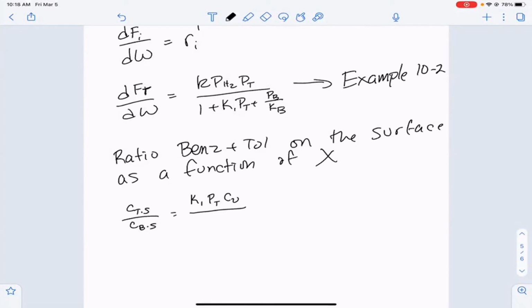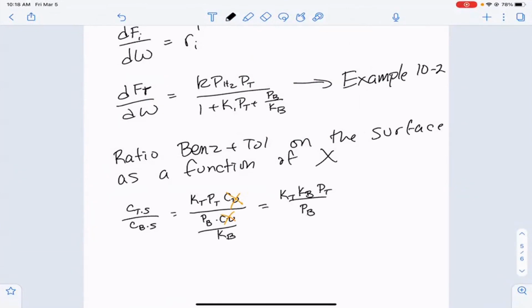And we know that CB·S is just the pressure of benzene times CV over KB. And so the CVs are going to cancel with each other. And we know then that this is just equal to K1 times KB times PT over PB.